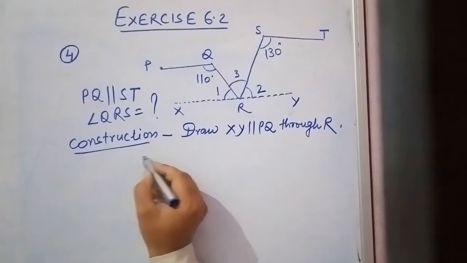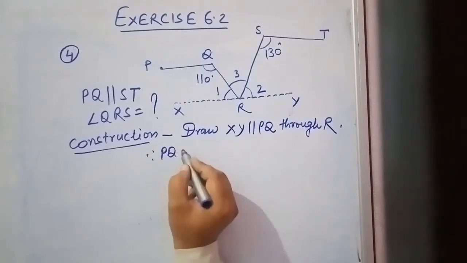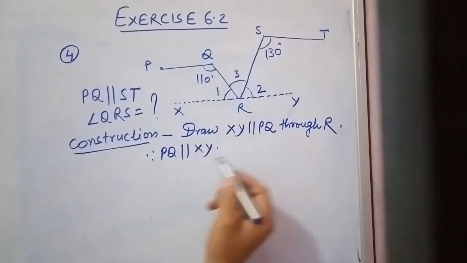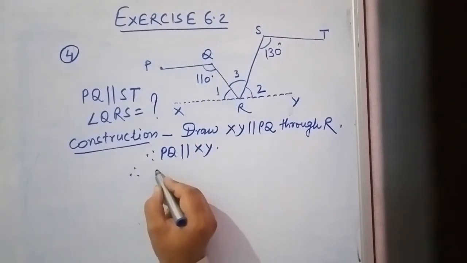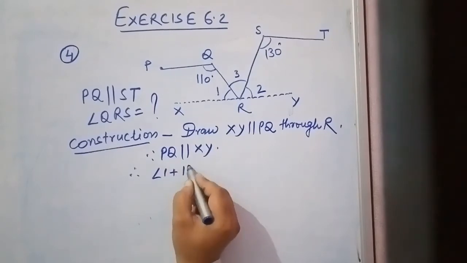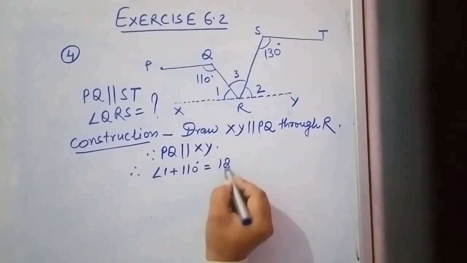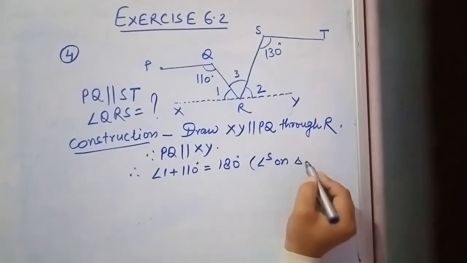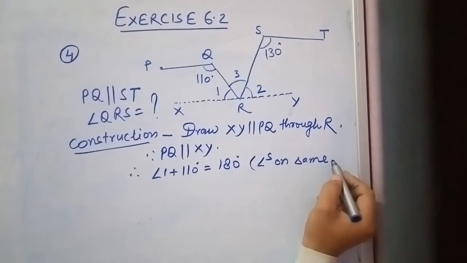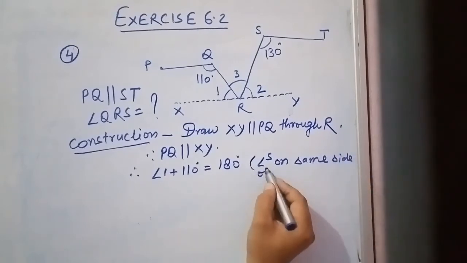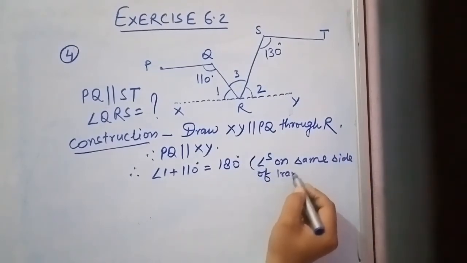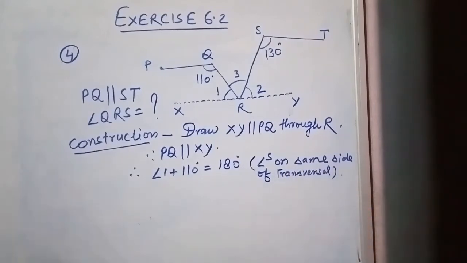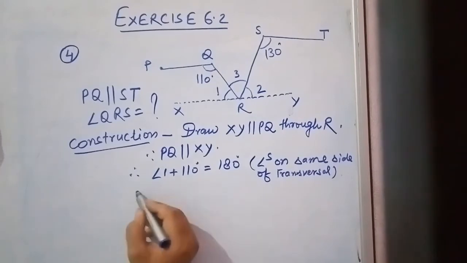Here, since PQ is parallel to XY, therefore angle 1 plus 110 degrees equals 180. The reason is angles on the same side of transversal.